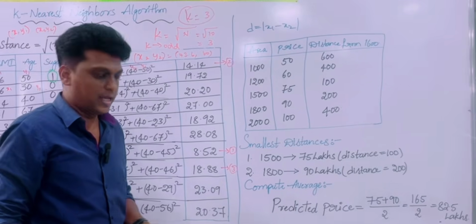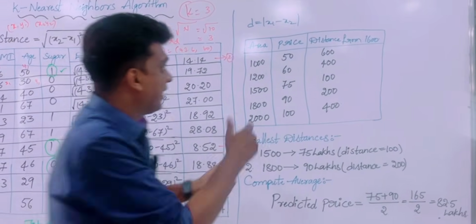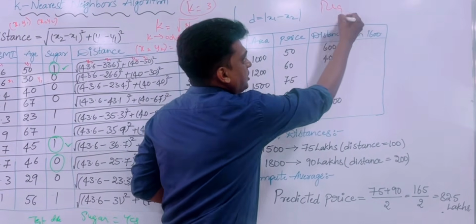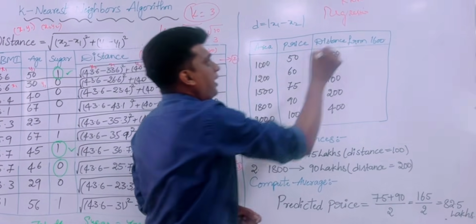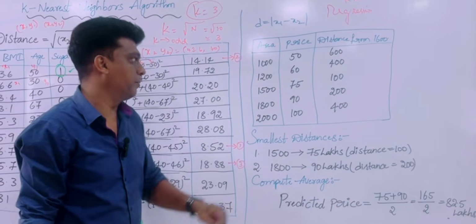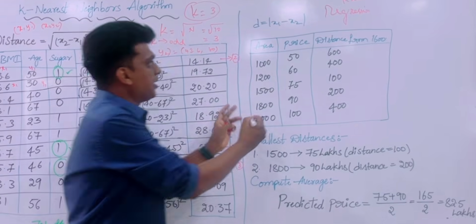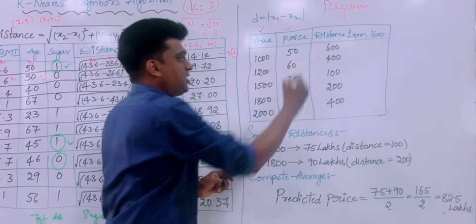Now let us consider a simple example for regression. This is for regression KNN: how KNN can be useful for the regression operation. Here the data is the area and the price value.